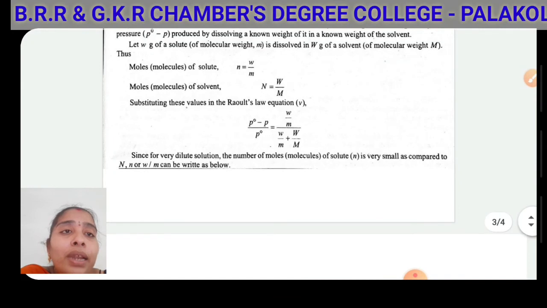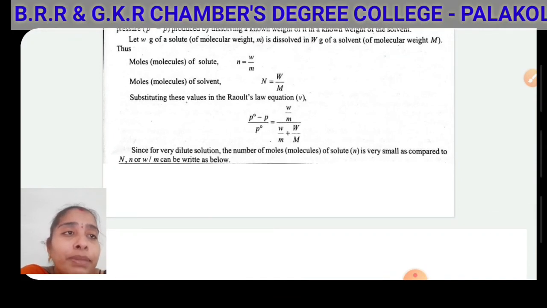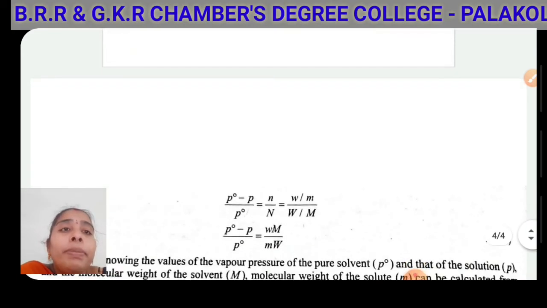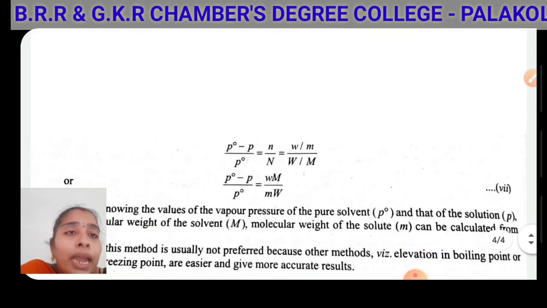In very dilute solutions, the number of moles of solute n is very small compared to capital N; solute molecules are fewer than solvent molecules, so small n is neglected in the denominator. P0 minus P by P0 equals small n by capital N, that is, the weight of the solute by its molecular weight over the weight of the solvent by its molecular weight M. So P0 minus P by P0 equals w M by m into W, with W the weight of the solvent in grams.